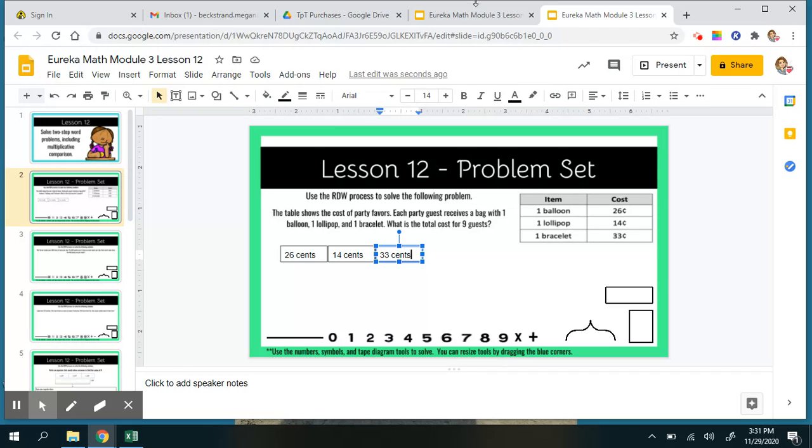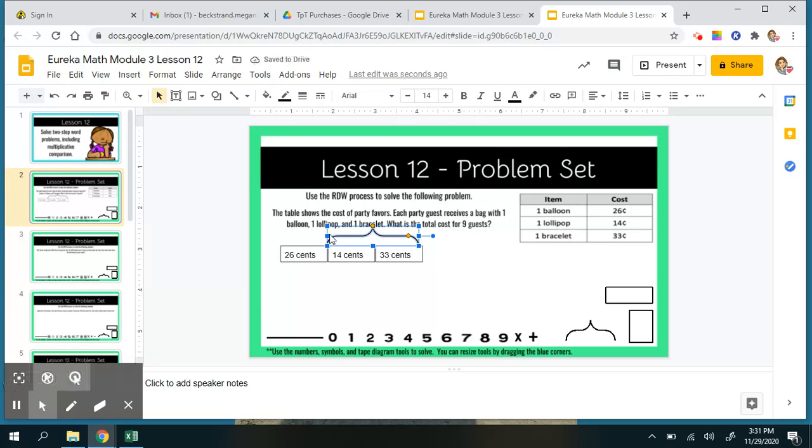We know that all of these will be in our bag. So we have to find the total cost of all 3. That's going to let us know how much our bag is going to cost us.